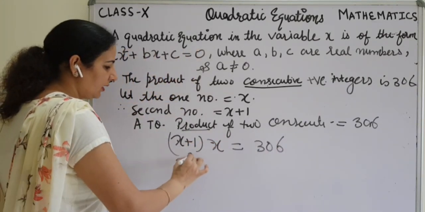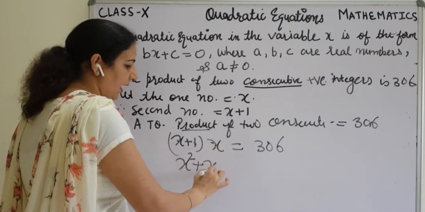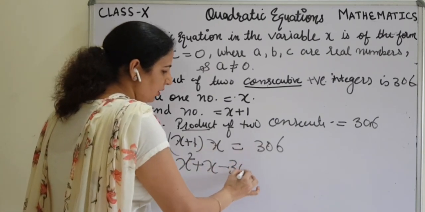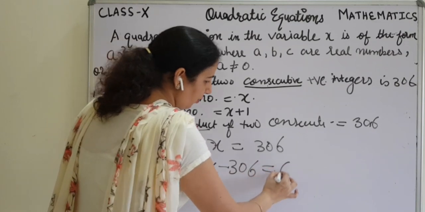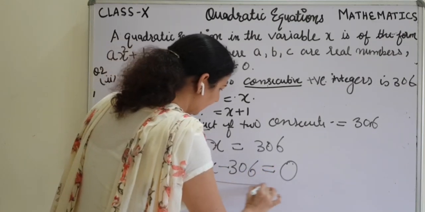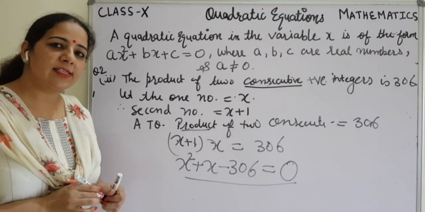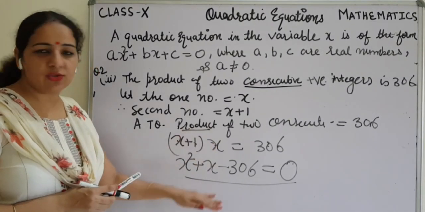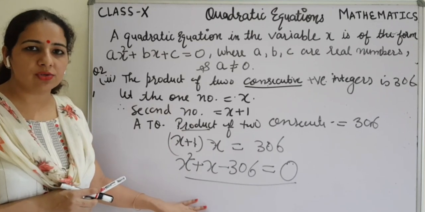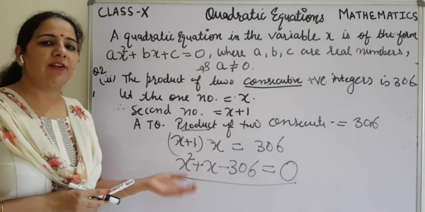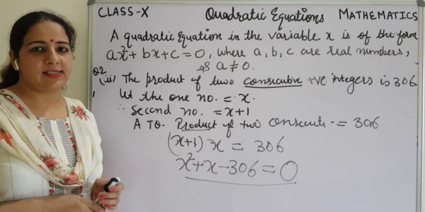X into x, x square, plus x minus 306 is equal to 0. So this is the required quadratic equation. You can design the quadratic equation for the next two parts also, and how to solve that we will learn in the next exercise.